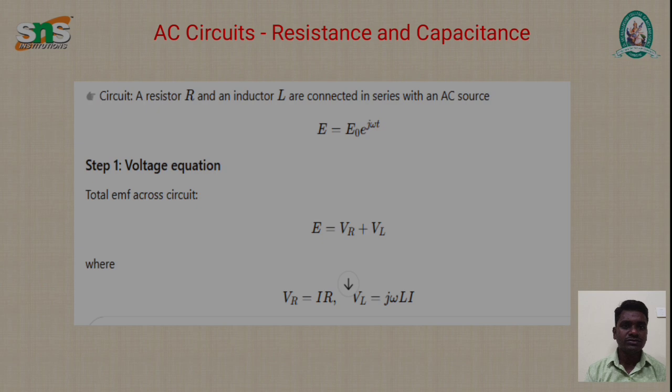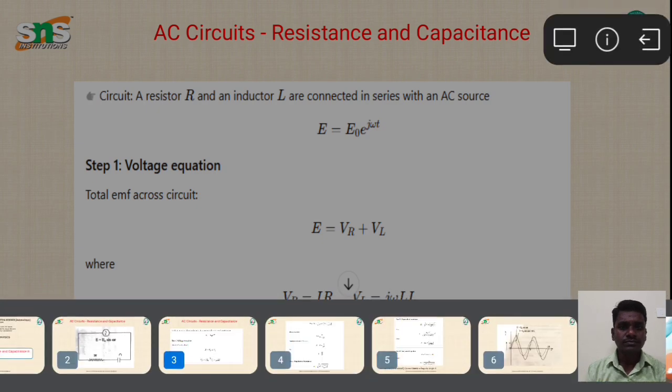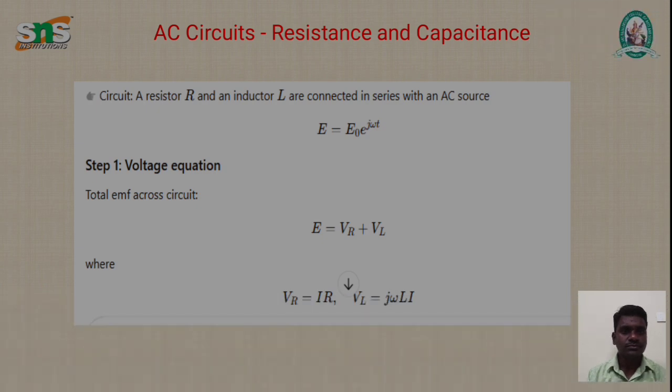The total EMF across the circuit, where we have used two types of components, resistance and capacitance, is E is equal to VR plus VC. So we have to add these two values.